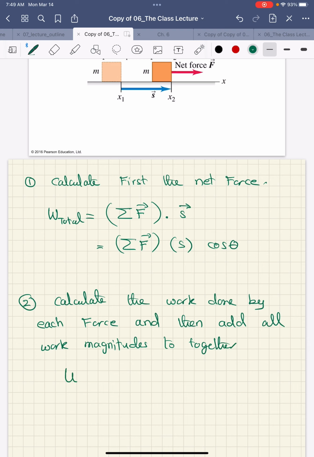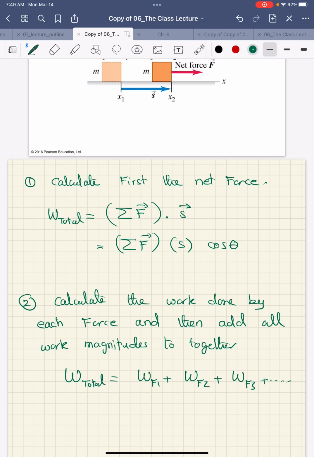Then total work can be work of force 1 plus work of force 2 plus work of force 3, and so on. All right, now I want to show you one example where I will do this.